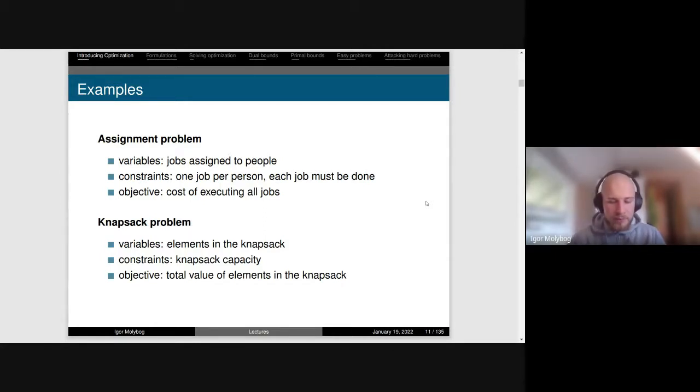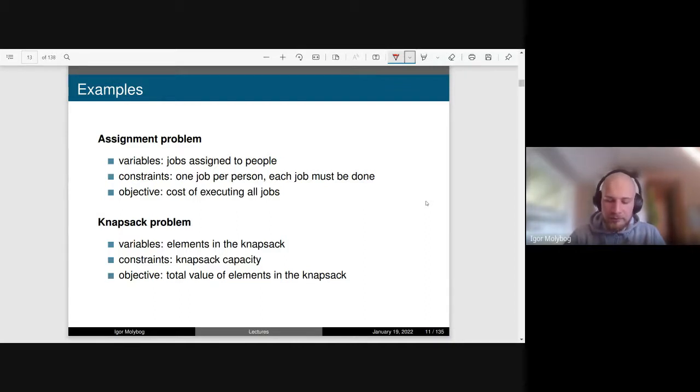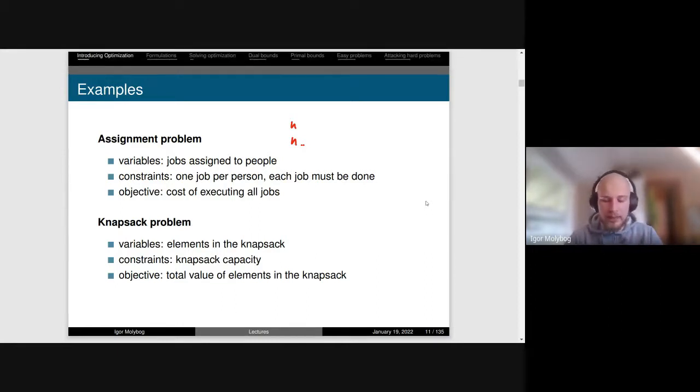The assignment problem is dealing with the problem of assignment, right? Surprise. So we have, let's say, n people and jobs, and we are trying to assign jobs to people so that one person gets a single job, and each job must be done.